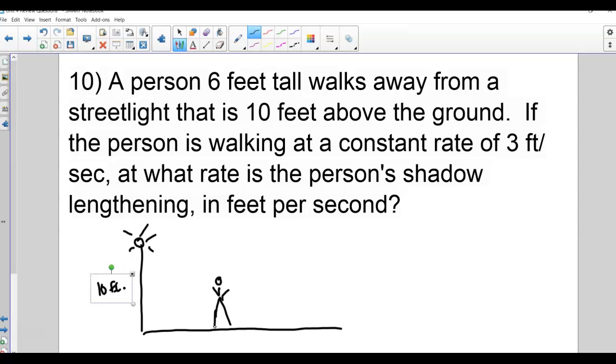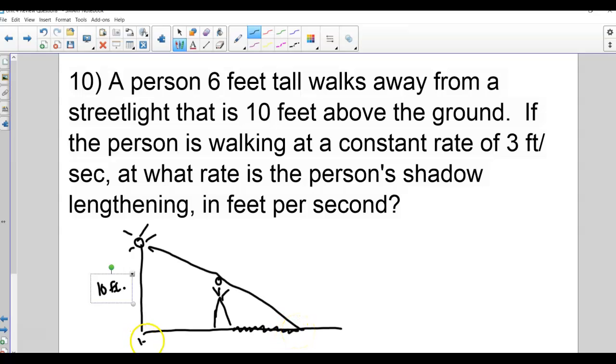We know the rate at which that person is walking away, and we want to know at what rate the person's shadow is lengthening. So the light from this street light would follow this path here, and on the ground here we would see the person's shadow.